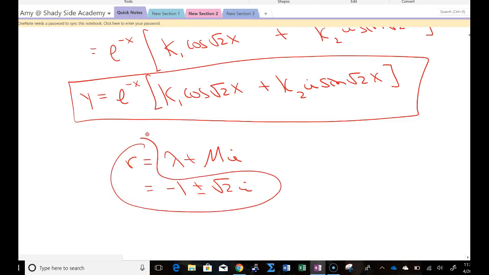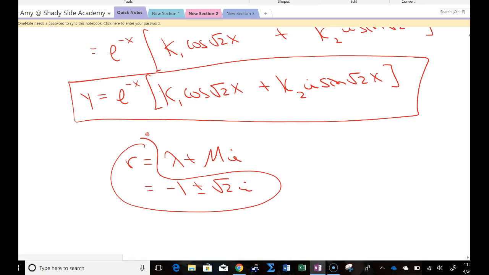Moving forward, let's tell the whole story. Complex roots of a characteristic equation that comes from a second order, homogeneous Diffie-Q with constant coefficients. That's the whole story.